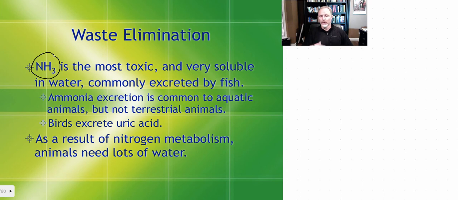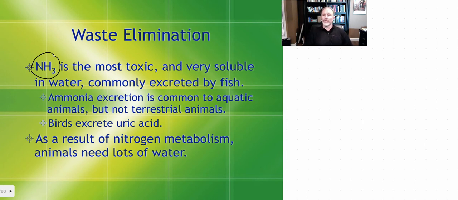And ammonia is the easiest thing really to get rid of. If you're living in a really watery environment like a fish does, then you can just get rid of the ammonia right away, more or less. Terrestrial animals don't have as much access to water as a fish would in a freshwater system, so they're going to convert it to urea, as you'll see.